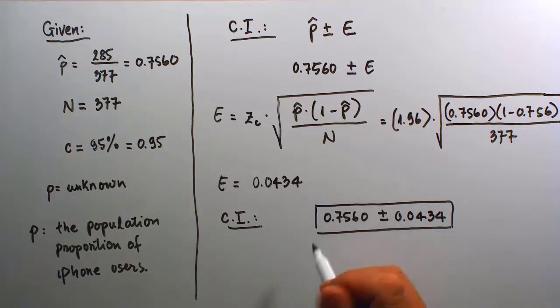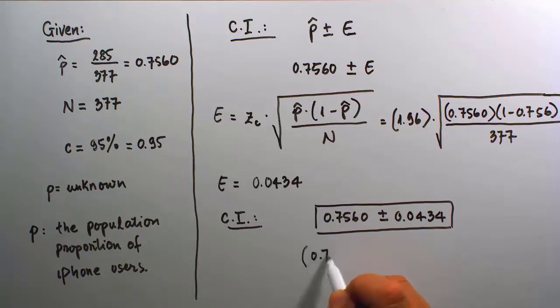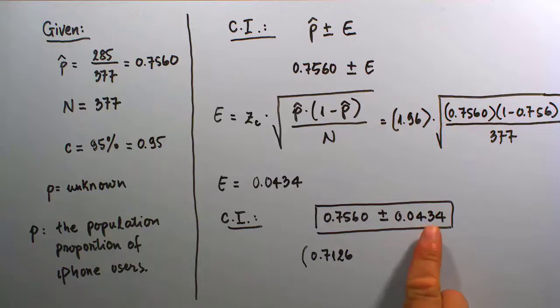And in traditional format that shows low and high, our interval here has the low end being 0.7126, which came from subtracting 0.0434 from 0.756.